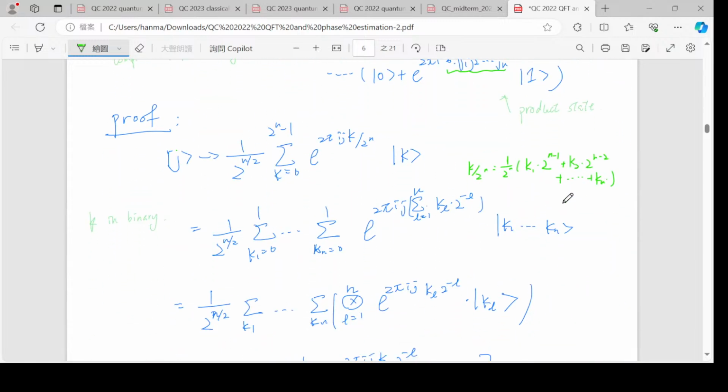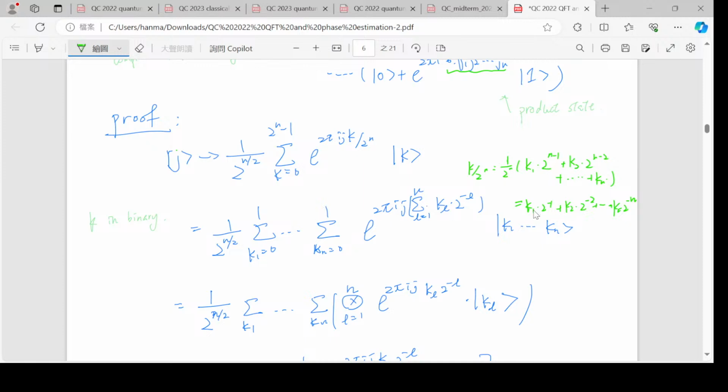And now if you divide 2 to the n into this, then you see k divided by 2 to the n is k1 times 2 to the minus 1 plus k2 times 2 to the minus 2 plus and so on plus kn times 2 to the minus n, just because the 2 to the n cancels. And so you can actually write this in a more compact form.